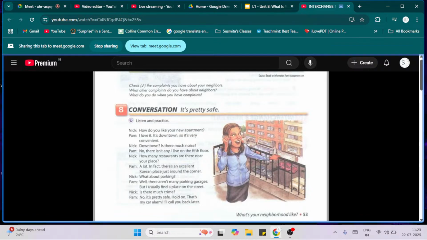A lot. In fact, there's an excellent Korean place just around the corner. What about parking? Well, there aren't many parking garages, but I usually find a place on the street. Is there much crime? No, it's pretty safe. Hold on. That's my car alarm. I'll call you back later.